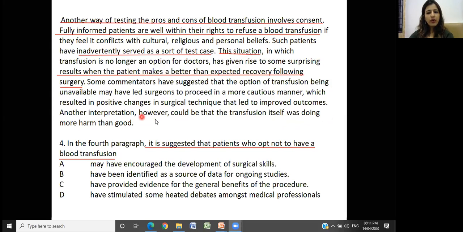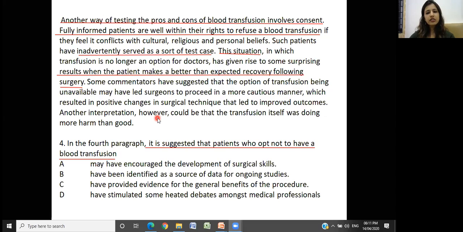So although you have however here, this however is not connecting two opposite ideas, right? This however may distract you. You might think that this is a neutral opinion about benefit and about drawback. No, this entire paragraph does not talk about benefit as such. Both the points are giving out information about the drawbacks.